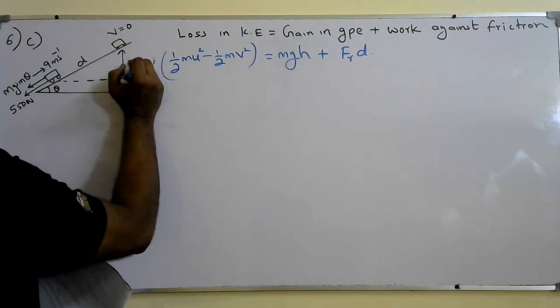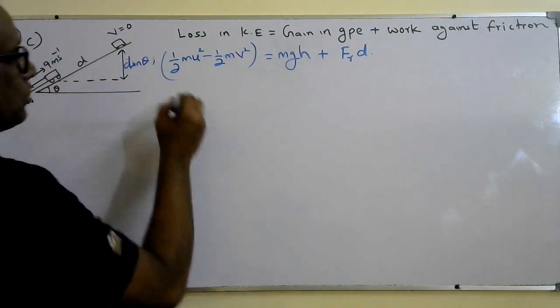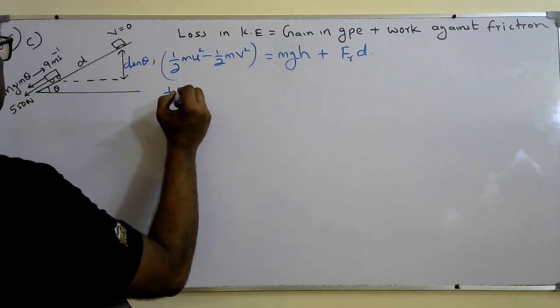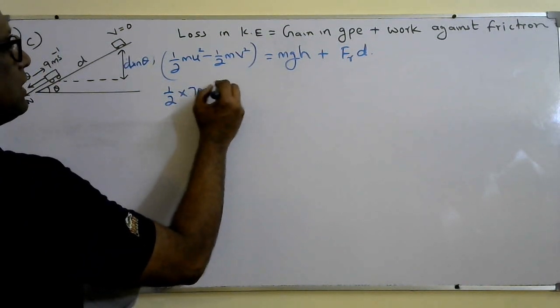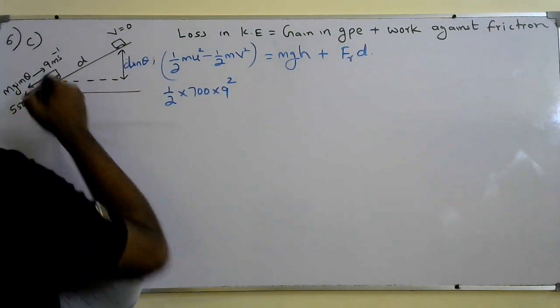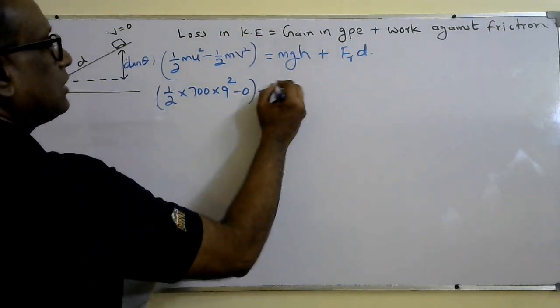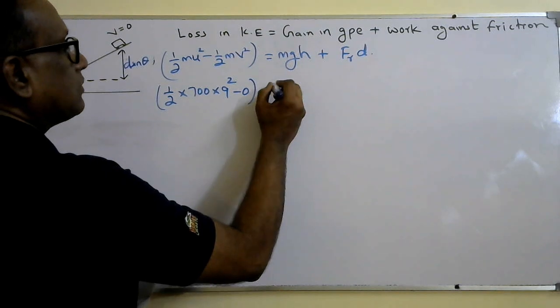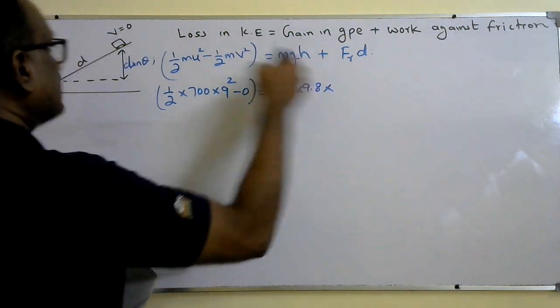So half the mass of the trailer, 700, into 9 squared, since initially it has speed 9 and finally the kinetic energy becomes 0, equals 700 into 9.8 into h, where h is d sine theta.